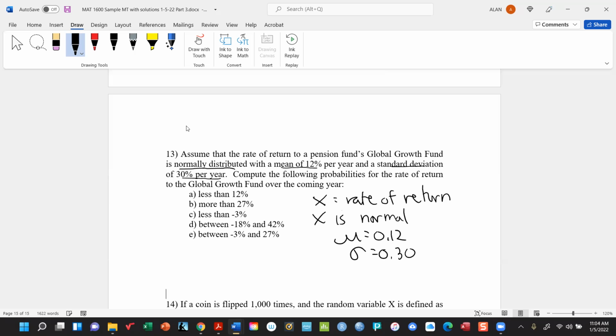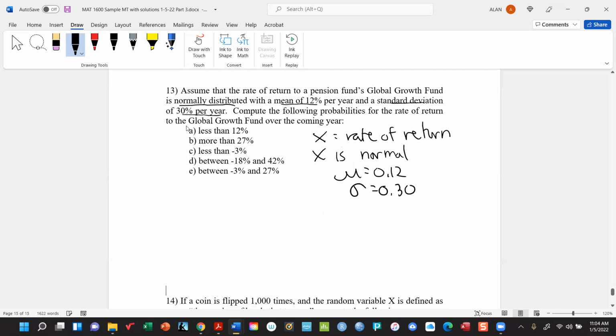So what that means then is that we're going to calculate some normal probabilities here, but we'll need to use this conversion formula in order to access the tables. All right, so we didn't need to do that before because it was already the standard normal distribution.